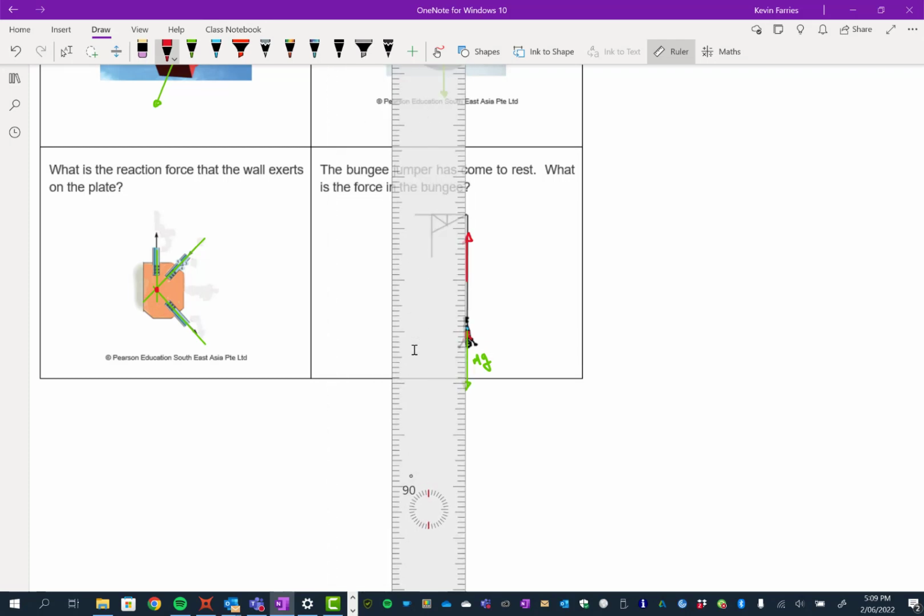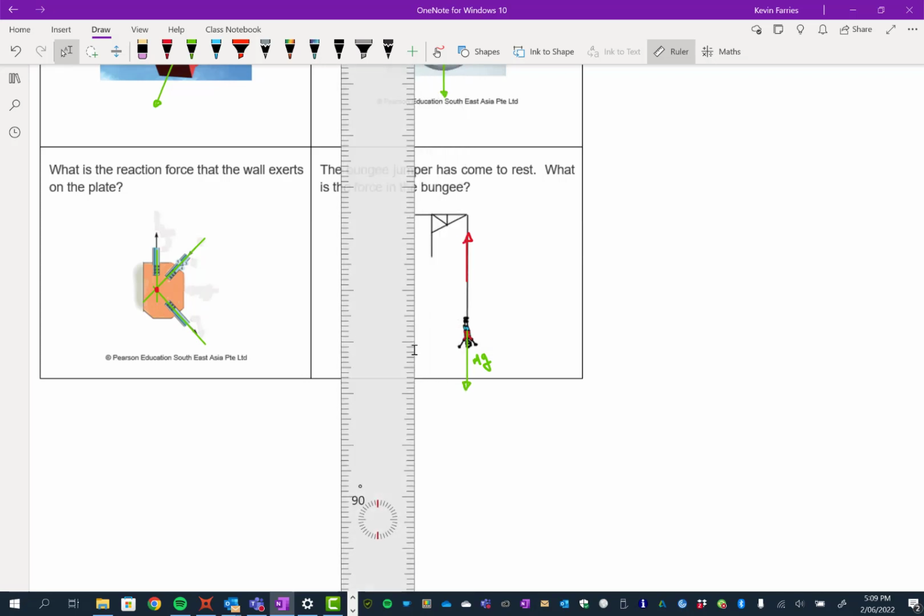Now this time, the two forces are collinear, so they have the same line of action. And so they don't point towards a single point that we can choose as our particle. What we can do instead is just choose any point in this situation. And so as my particle, I can choose a small section of that rope there.